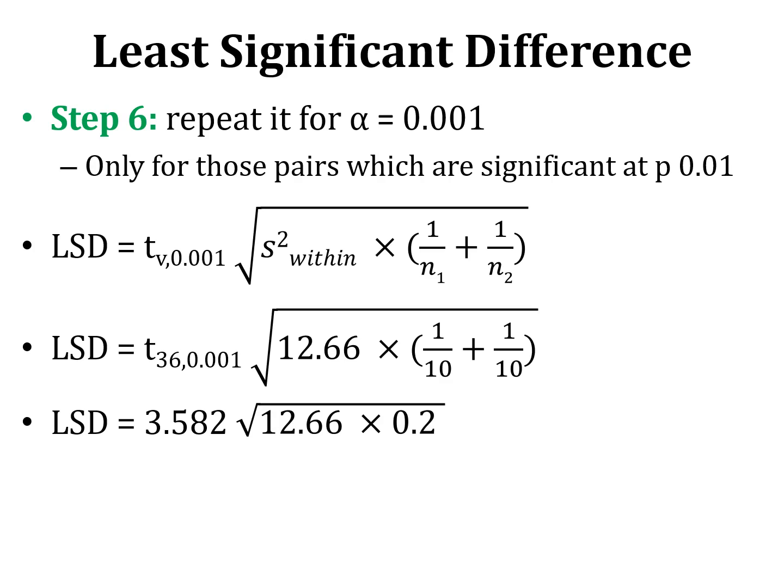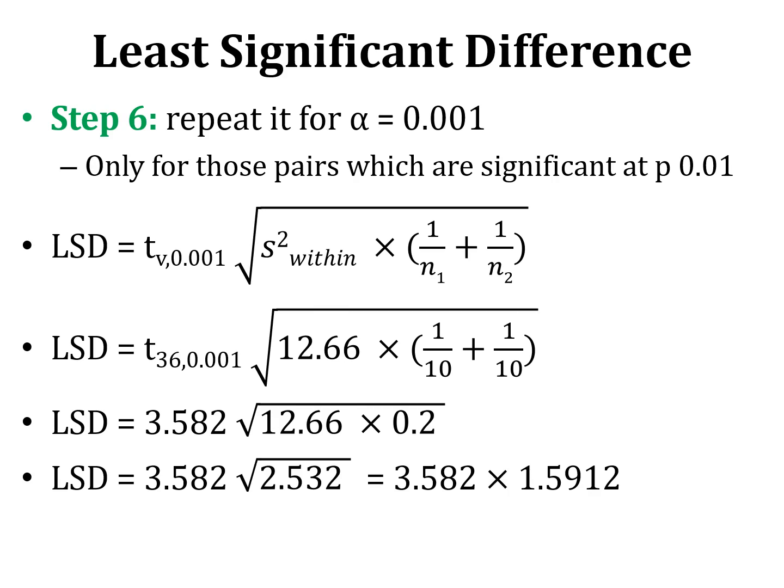So we multiply 12.66 by 0.2, we get the value 2.532. We take the square root of this value and multiply the answer by 3.582, and we get our LSD, which is 5.6997, right? So this is LSD, or least significant difference at 0.001 significance level.